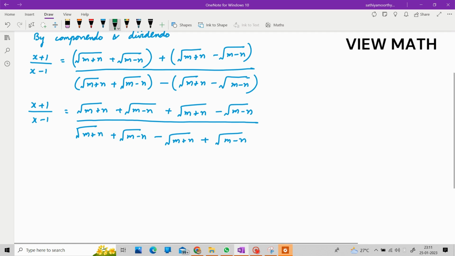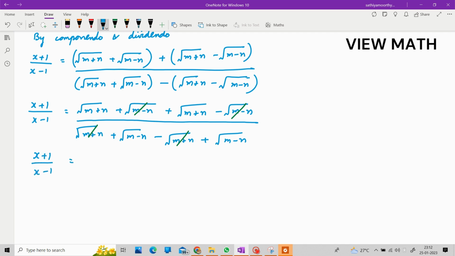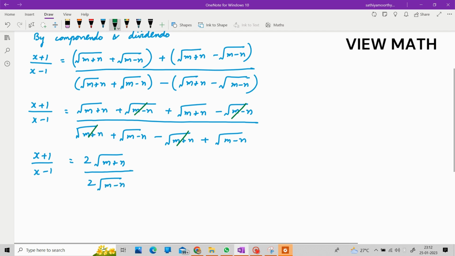Now let me cancel the common terms. Here the square root of (m - n) terms cancel, and the square root of (m + n) with minus square root of (m + n) cancel. Remaining, I'm writing (x + 1)/(x - 1) is equal to 2 times square root of (m + n) by 2 times square root of (m - n). So 2 is common, I can cancel.